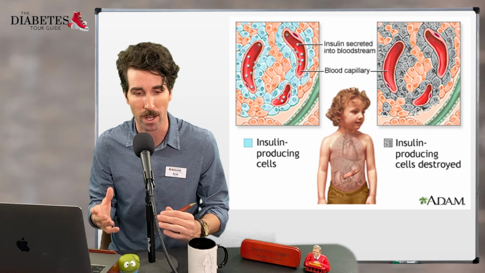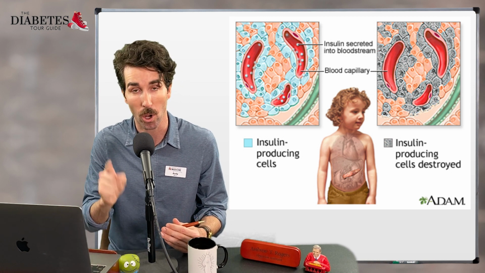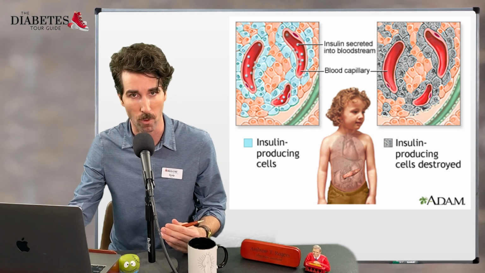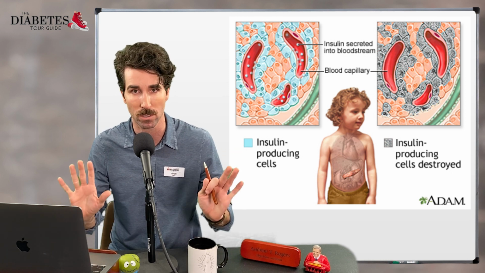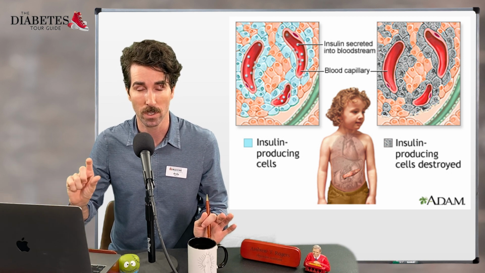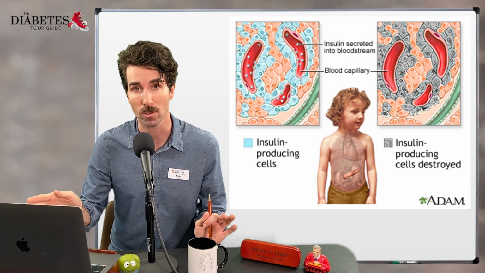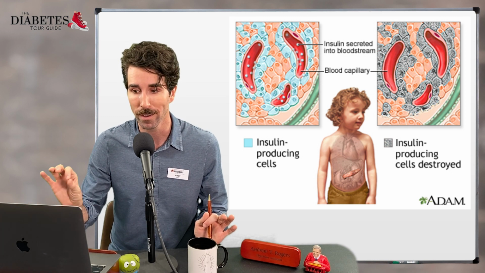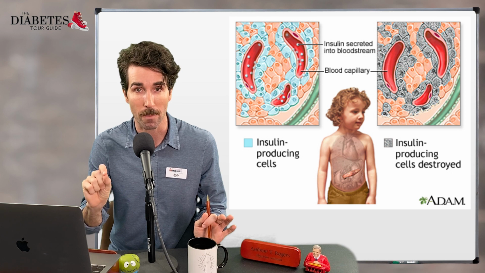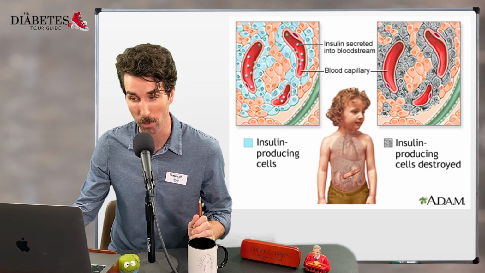Autoimmunity means the body's natural defenses mistakenly attack your own cells rather than foreign cells. We have this whole immune system that works to protect us from the outside world. For some reason, and there's a lot of different reasons we'll discuss on different tours or different stops along our tour, those cells that make insulin are attacked, destroyed, and insulin is no longer made.